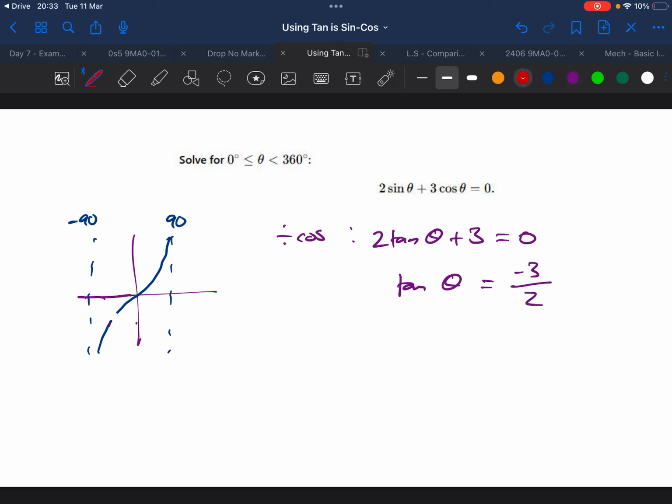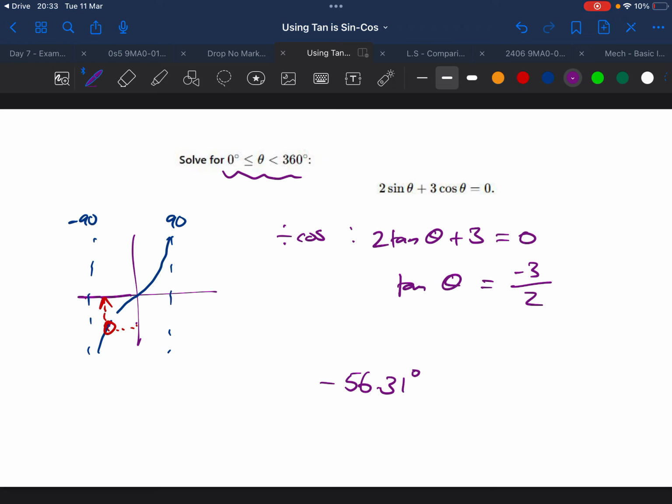And based off our conversation a minute ago, this result is going to lead to a negative answer. So when you do that on your calculator, you get minus 56.31 degrees. This is an issue because this doesn't match up with what I've asked for.